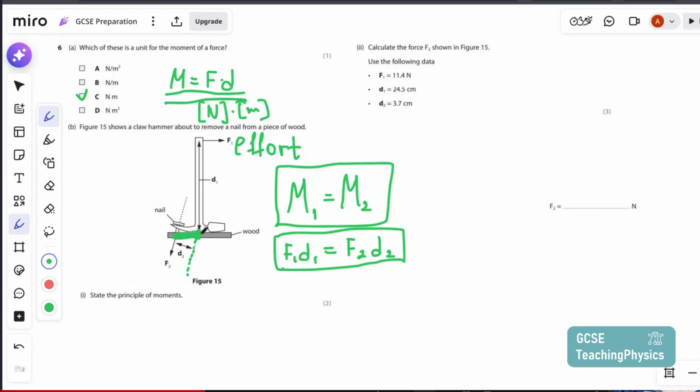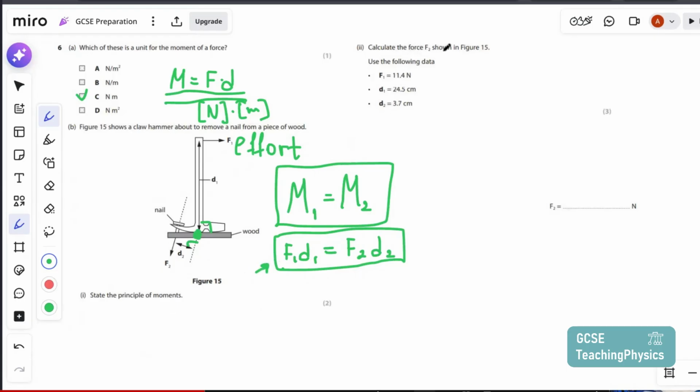A very, very tempting mistake. But please make sure that the distance is perpendicular, and if you get some harder tasks, please do not make this mistake. Here in the picture, it's a great example of perpendicular distance: 90 degrees here, 90 degrees here, from the turning point to the effort and to the load. So this is how we state the principle of moments.